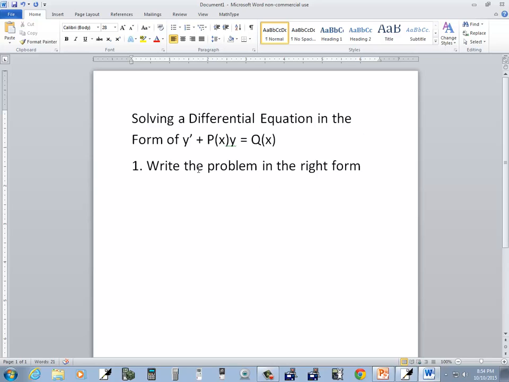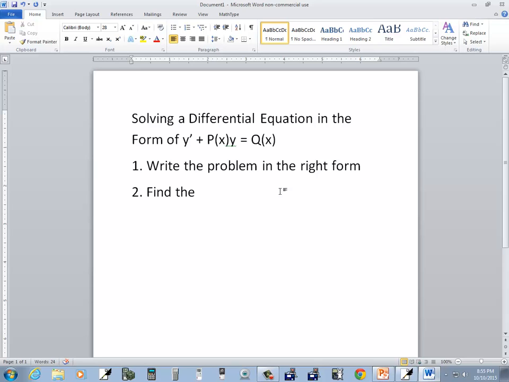And I won't write down all the details of that, but you have to have y prime by itself. Now that could be dy over dx. You have to have the part that has a y in it over on the left side with something in front of it. And then over on the right side you'll have the rest. So that's the form it has to be in.